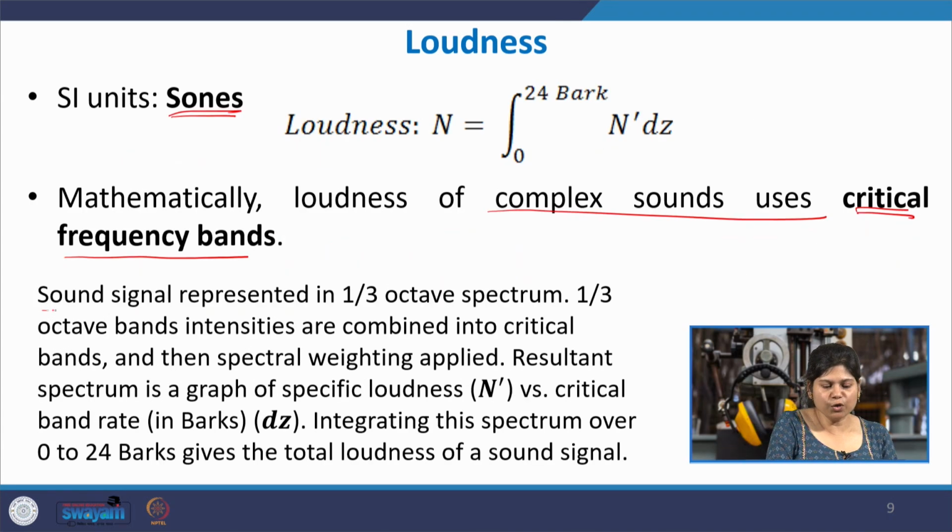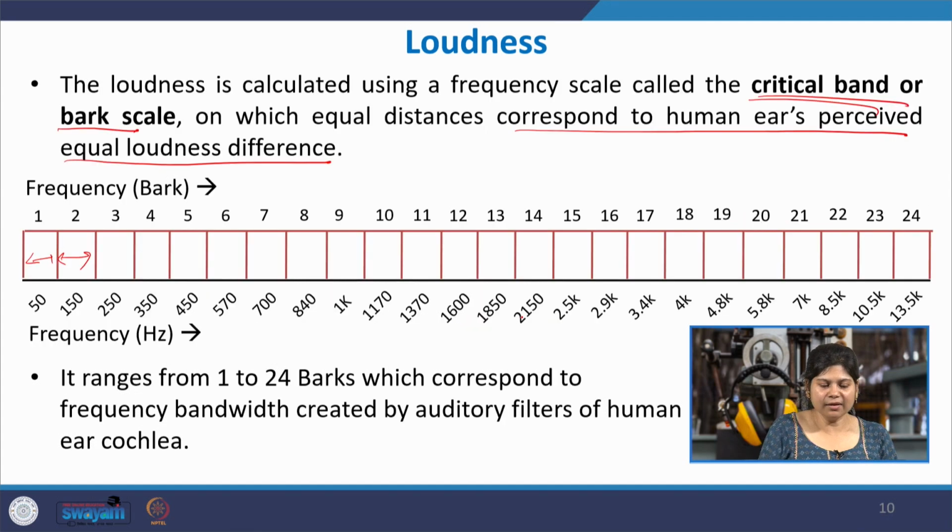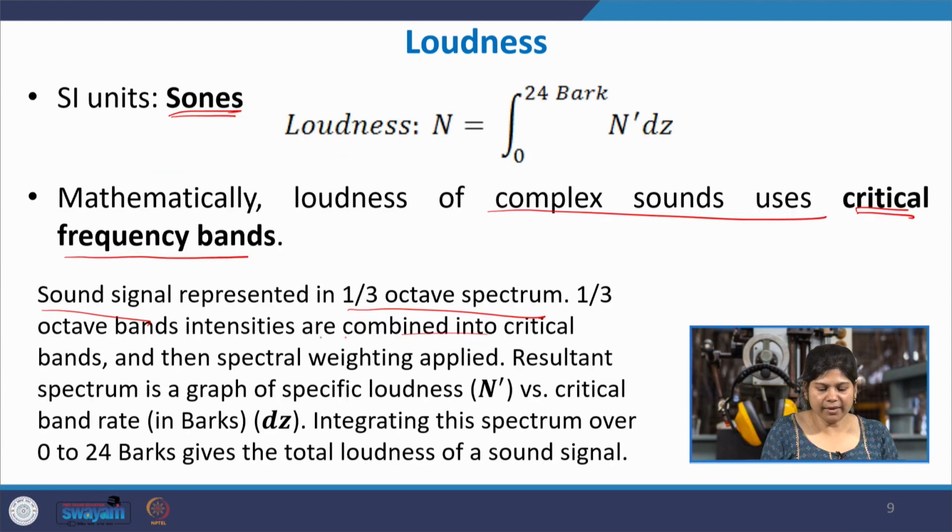First of all, you represent the sound signal in the 1/3 octave spectrum, and then you combine them into critical bands. So, you obtain a new Bark scale, and then in the Bark scale some special kind of spectral weighting is applied. It is a complex algorithm, and these algorithms are available online as well, which you can go and search.